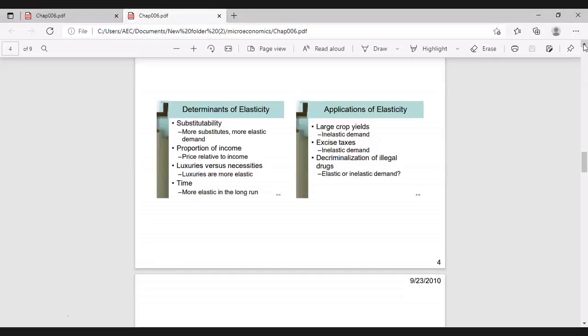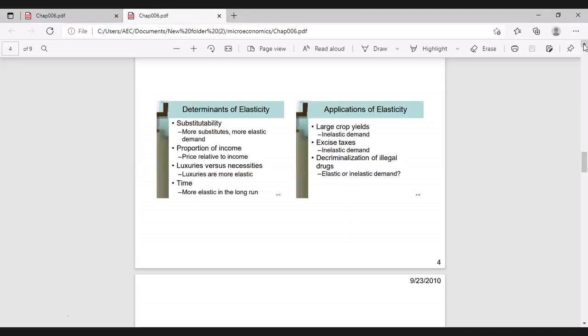The demand is more elastic. So if we have more substitutes for a product, that product's elasticity will be high, or that product's demand is more elastic.